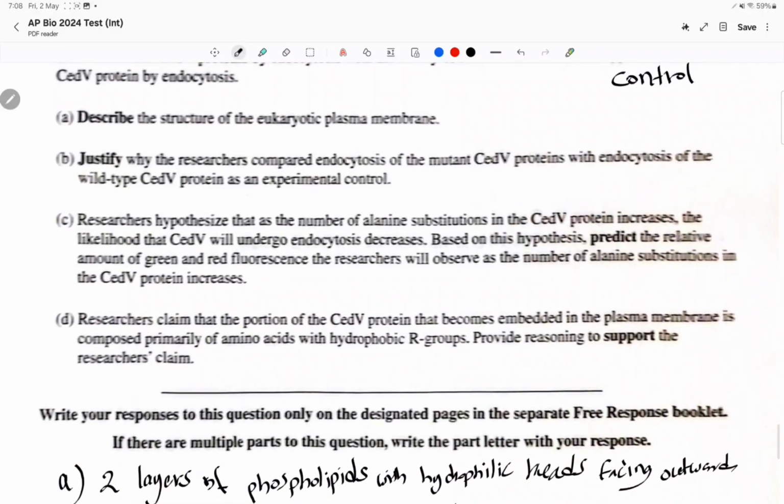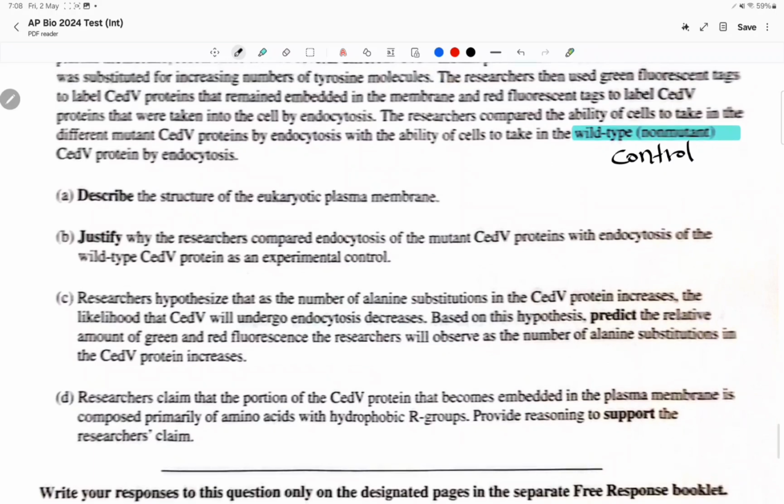Okay. B. Justify why the researchers compared endocytosis of the mutant SETV proteins with endocytosis of the wild type SETV protein as an experimental control. You must have a baseline. Right now you go and you take a sleep medication and you sleep for 8 hours. Is that a lot or not? You must have people who sleep without the medication and see how much they're sleeping to compare yourself to them, right? The control is the same thing.